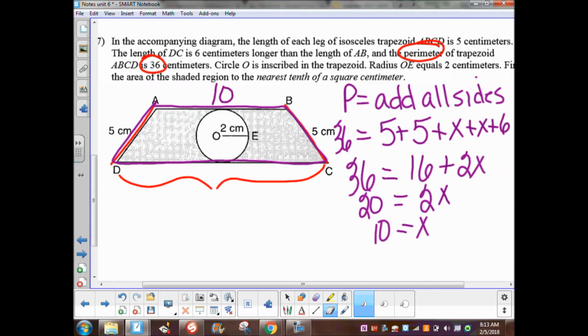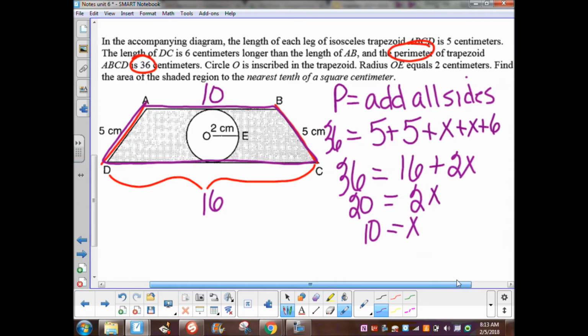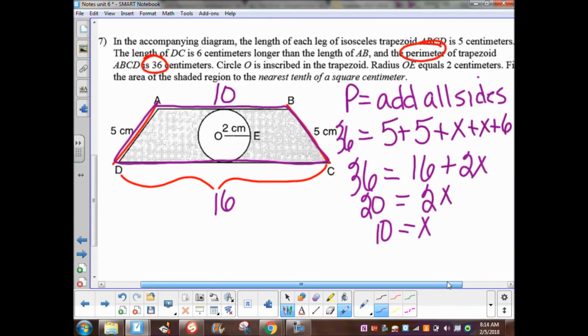Okay. All right. Now it says circle O is inscribed in the trapezoid. Remember, inscribed just means it's inside, and it's sort of touching the sides of the shape. Radius OE is 2. That's labeled for us. Find the area of the shaded region to the nearest tenth. So the trapezoid formula, that's the one you have to memorize.